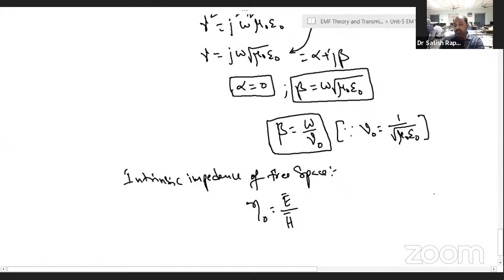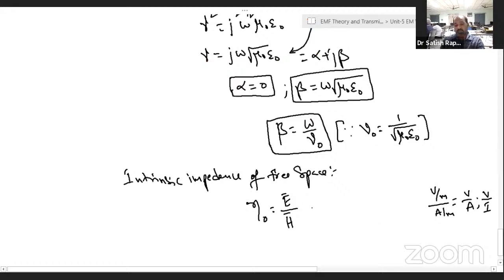What are the units of electric field? Volts per meter. And the units for magnetic field? Amperes per meter. So volt per ampere, that means V by I, which is nothing but impedance. Therefore the ratio E by H gives us the intrinsic impedance of the wave.